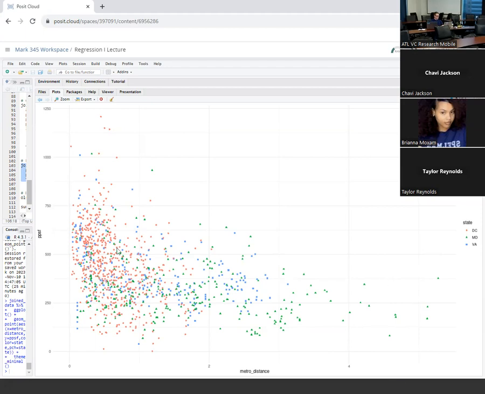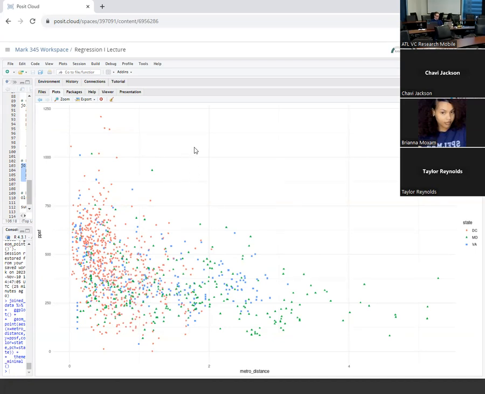It's kind of hard for me to see, but do you see many Maryland properties in this area down here, say 2 miles or less? What would you conclude? What geographical location seems to be dominating for properties that are, say, 1 mile or less? DC.